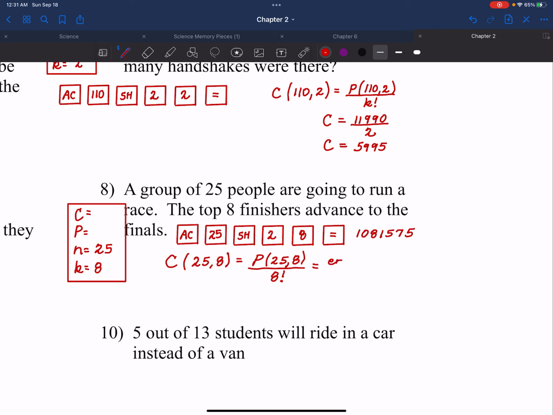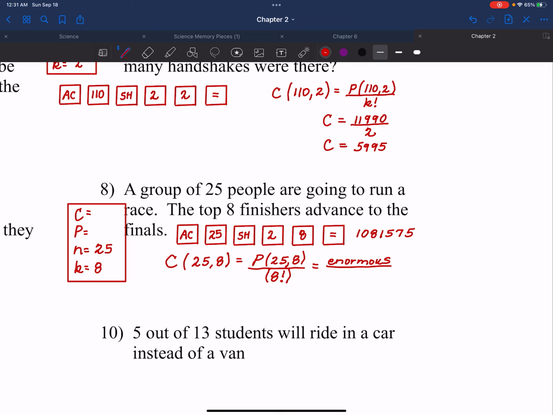I'm going to hit the divide key, and I'm going to put 8 factorial in parentheses just to make sure I don't lose it. So I'm going to open parentheses, 8 shift 3, close parentheses, equals.